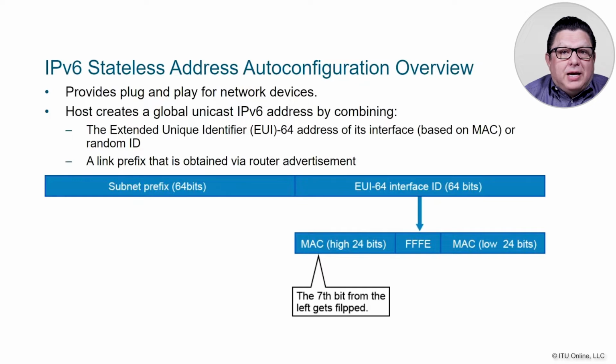The MAC is hexadecimal. It's globally unique, at least the MAC address is supposed to be globally unique. A little more on that following. It uses a process called EUI-64, Extended Unique Identifier, 64 bits, and basically takes the MAC and splits it in half to maintain the integrity of both values.